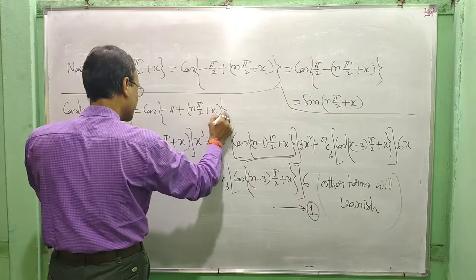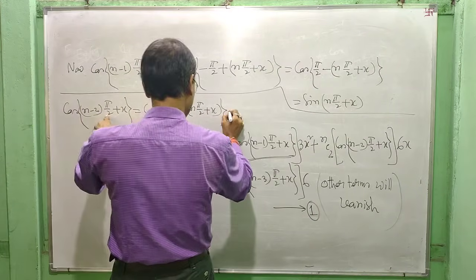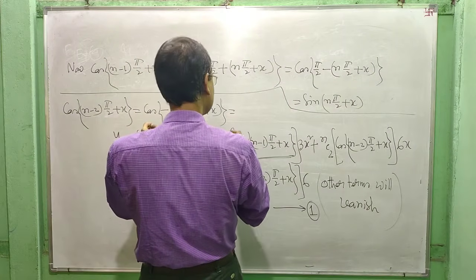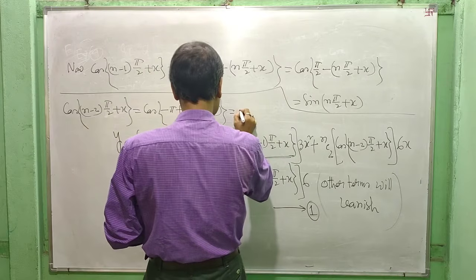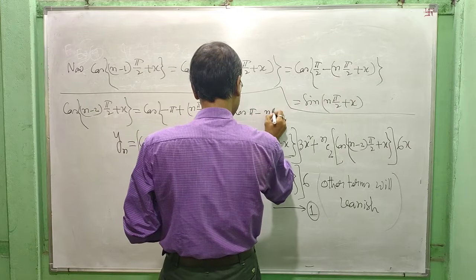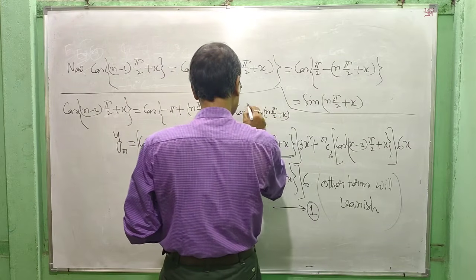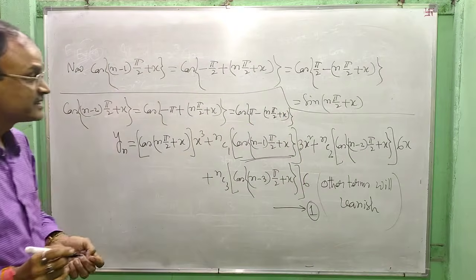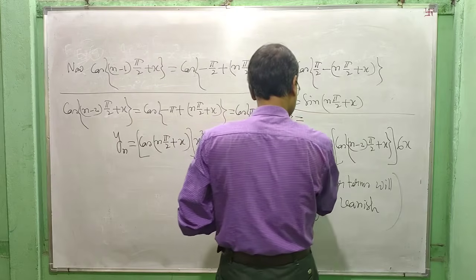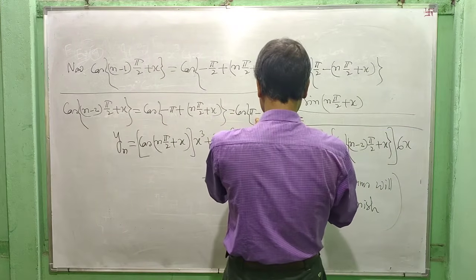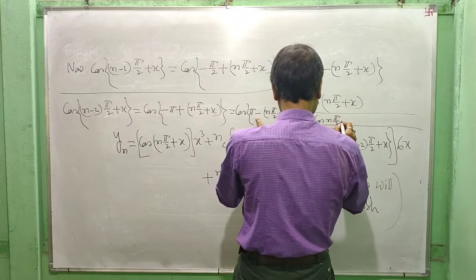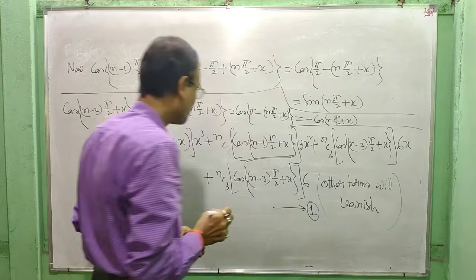This is equal to minus cos of pi minus n times of pi by 2 plus x, which is equal to minus cos of n times of pi by 2 plus x.